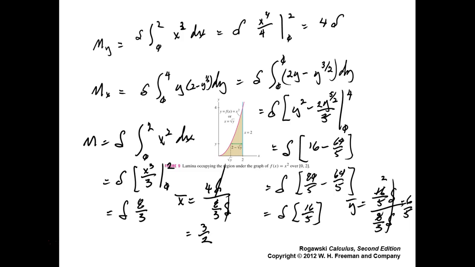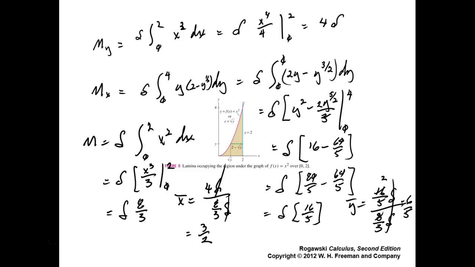And your y bar is going to be 6/5, just a little bit more than 1. So if this is 4, that would be 2, that would be 1, a little bit past 1. So it's going to be somewhere right about in there. Does that look like that could be about the center of mass? You got a lot up here, a little here, so it's going to be closer down here. You got more over here than you do over here, so it's going to be closer that way. Sure enough, that looks pretty reasonable.